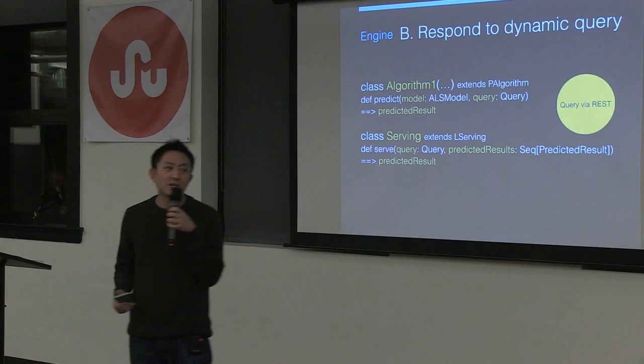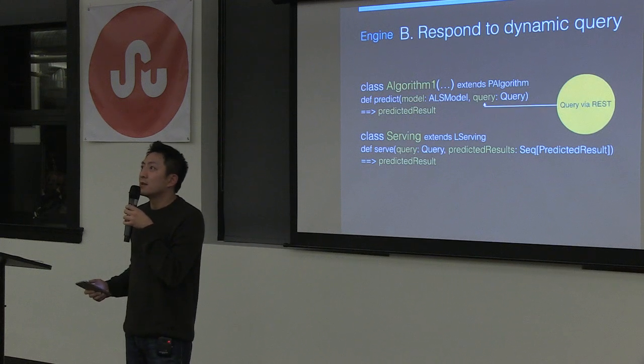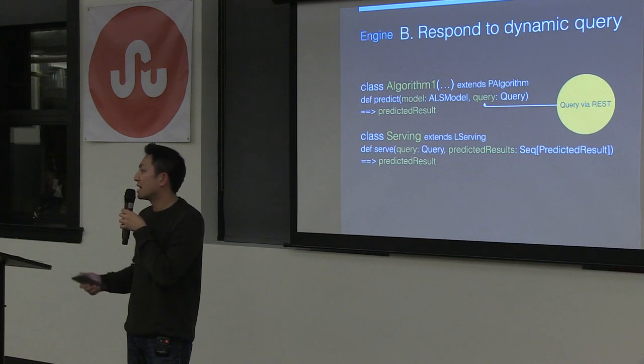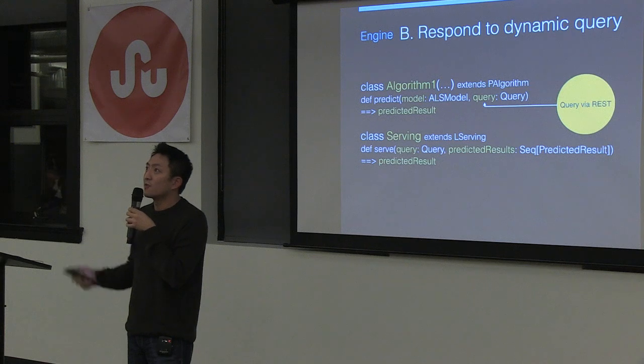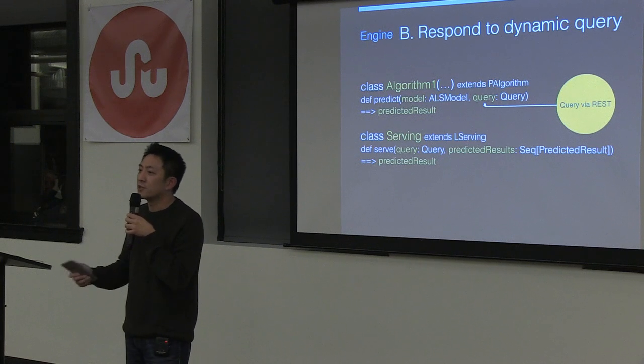Let's say your mobile application creates a query through the REST interface. The JSON query, as mentioned, will be transformed to a query object and passed to the predict function automatically, along with the model that you have built before. With the model and the query, you can make a prediction, and you return the predicted result.